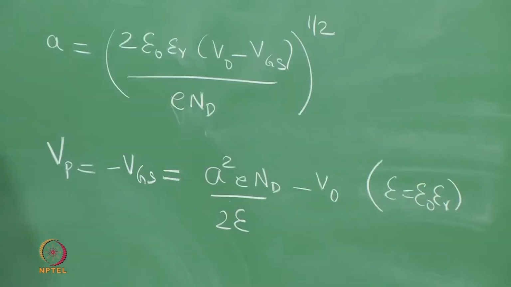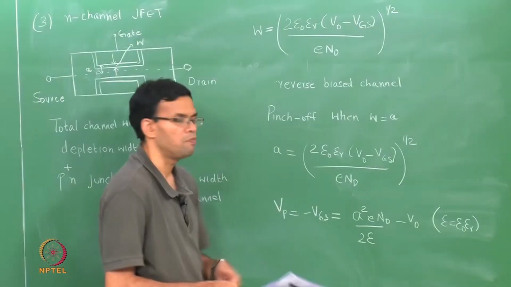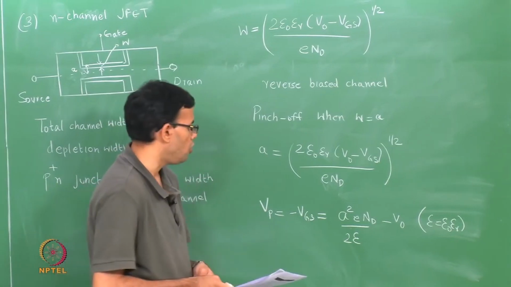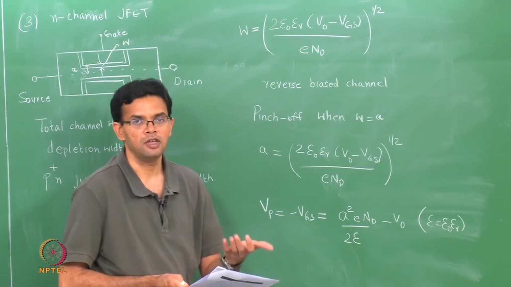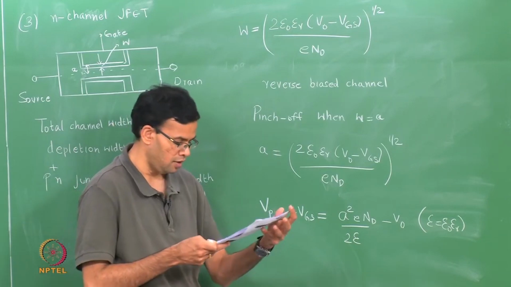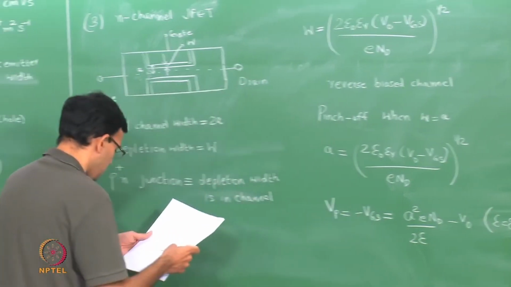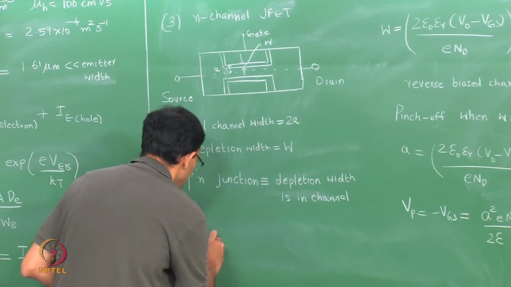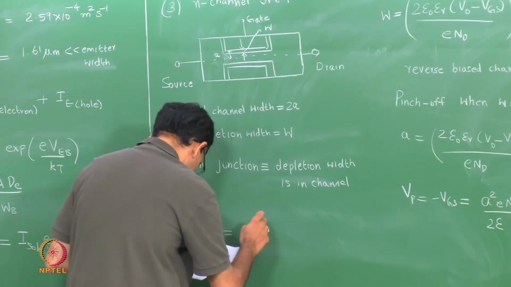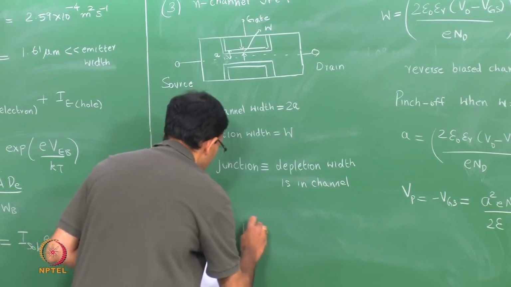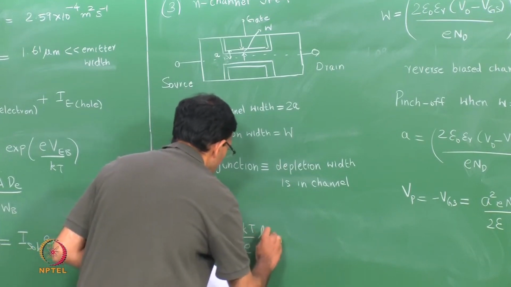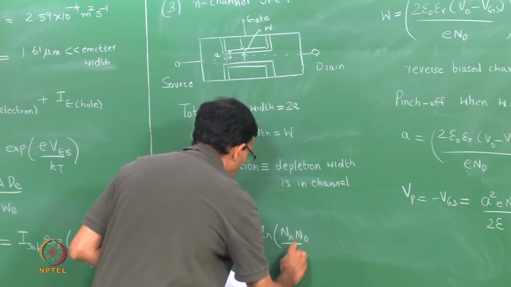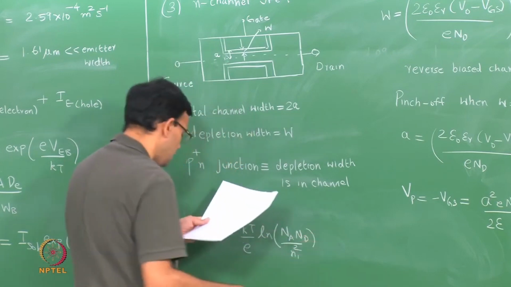So, we can do a simple calculation that relates your pinch off voltage to both the width of the channel and also the concentration of the dopants in the n channel. So, for this particular numerical problem, Na and Nd are given. So, we can essentially calculate V naught. V naught is kT over E ln of Na Nd over Ni square. So, the material is silicon.